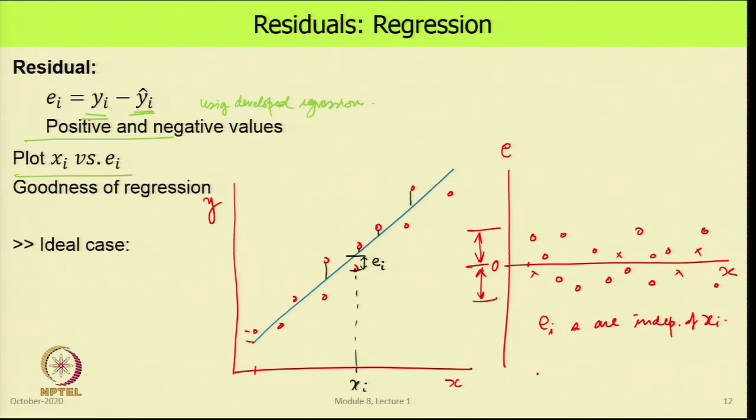There is no correlation. E_i is not correlated with x, and that is because they are completely random. So, this is a good situation to have. This is what the ideal situation should be.